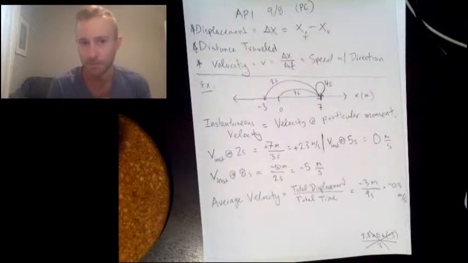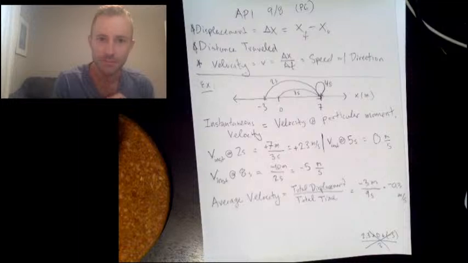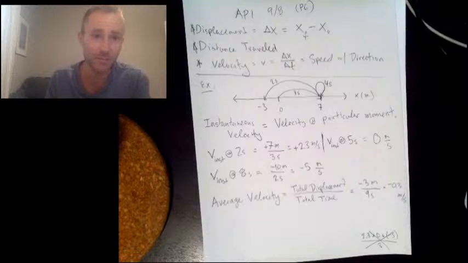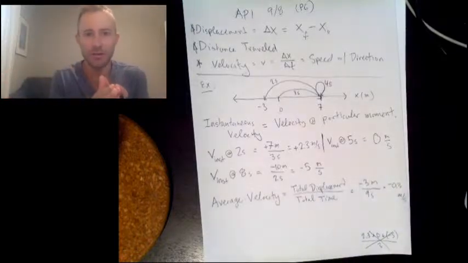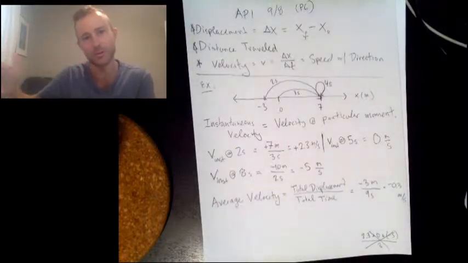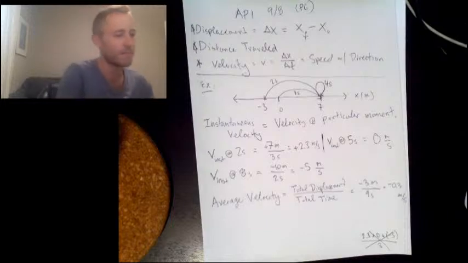So for example, if I spent 1 minute at rest and then an hour at 100 miles per hour, my average speed is not going to be 50 miles per hour because I spent so much more time going close to 100 miles per hour. My average is going to be skewed towards 100. Okay?